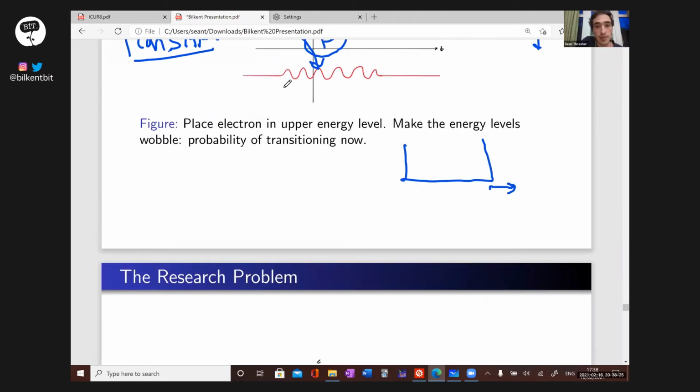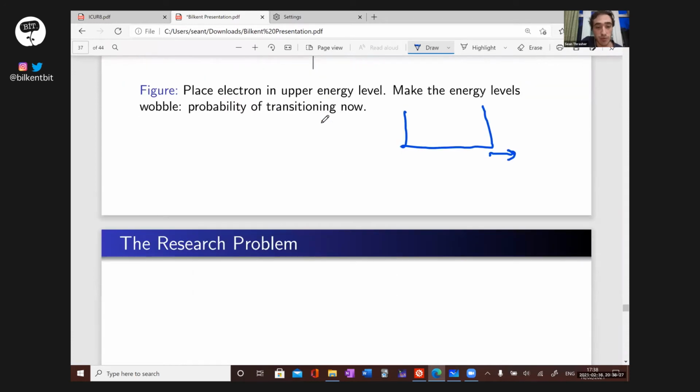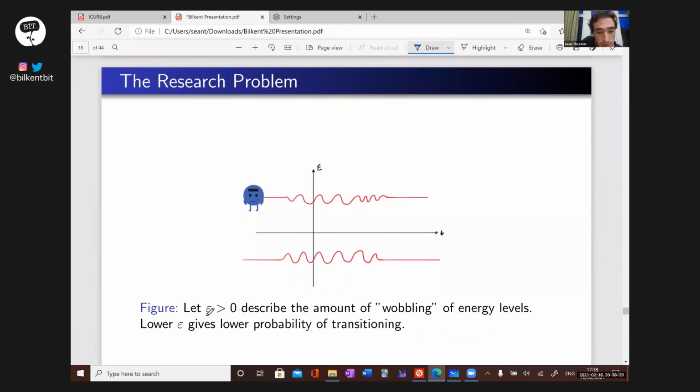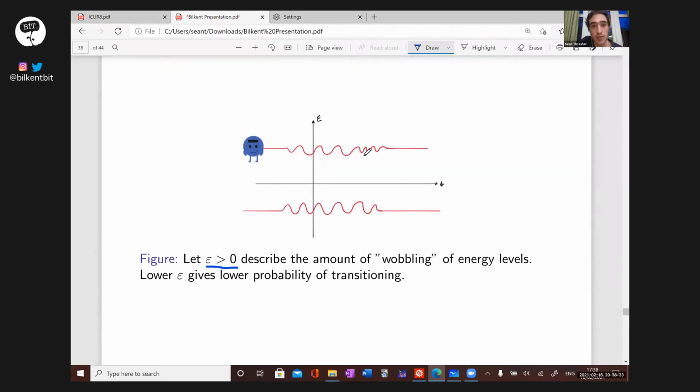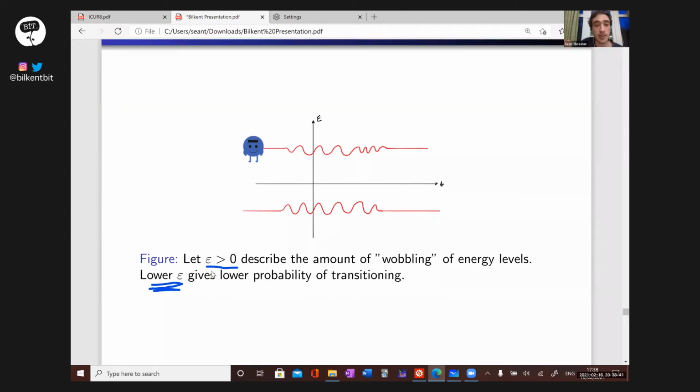Now we're going to need some variables in our problem. So let a positive number epsilon describe how much wobbling happens in the energy levels. If there's less wobbling, so a lower value of epsilon, then P is going to be lower. The probability that it jumps down will be lower.